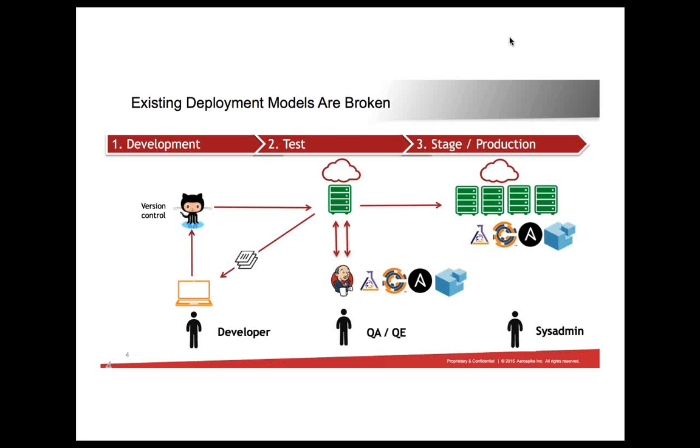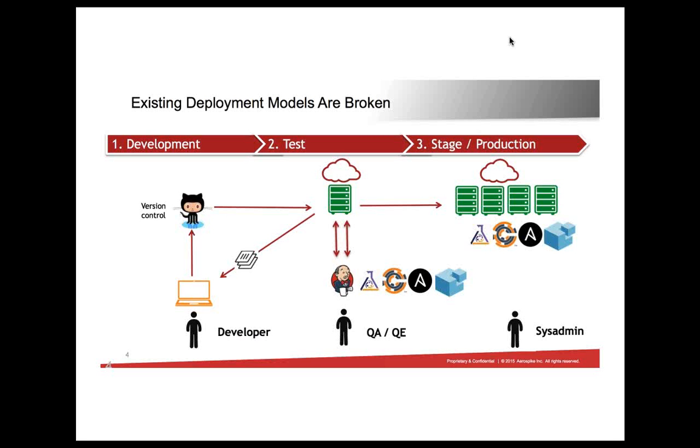They're never going to be identical, which gives the developer the challenge of how do I debug something that fails in production that never actually fails in my test environment, because my test environment doesn't look like my production environment at all, from the dependencies or the OS versions and so on and so forth.